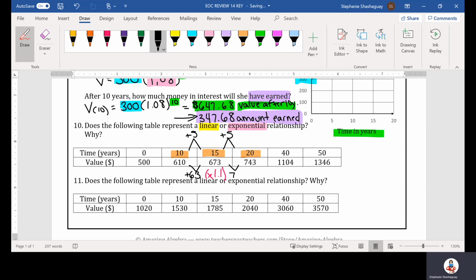It is 70. And because those are not the same, I'm now going to check. And if I multiply by 1.1, I get about the same. But either way, because the common difference, that constant rate, is not the same, I can determine that this is an exponential function.